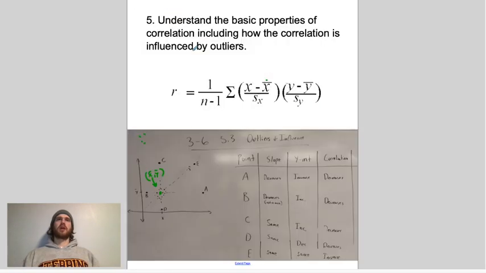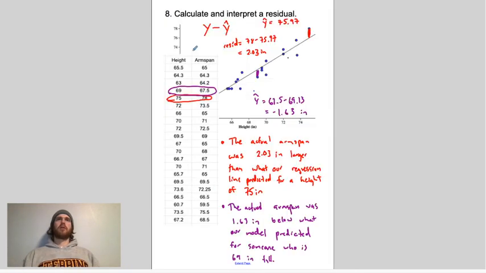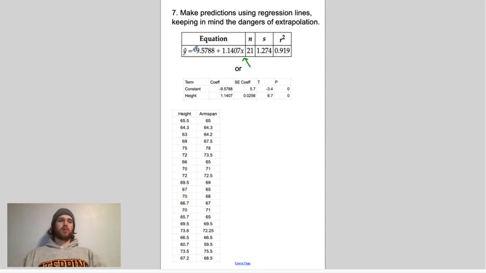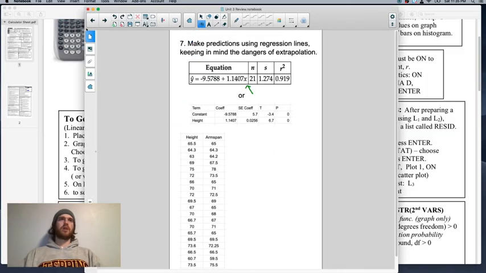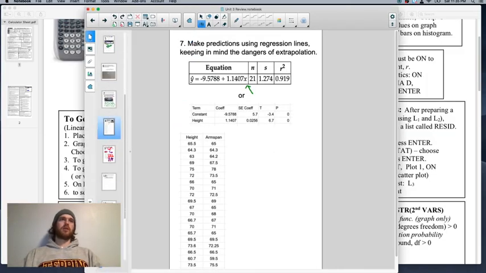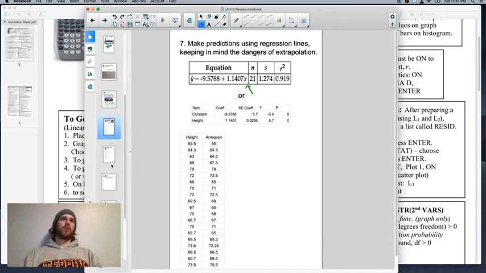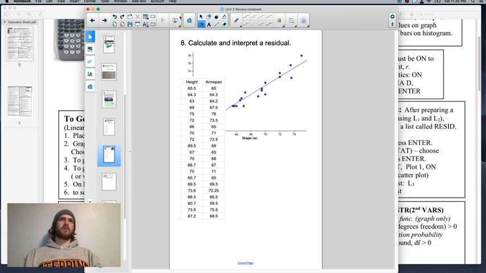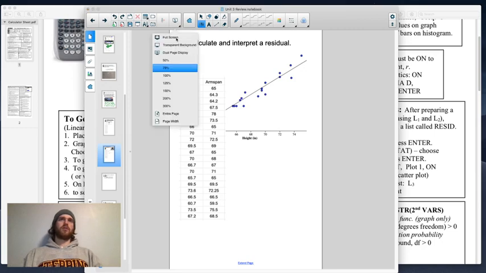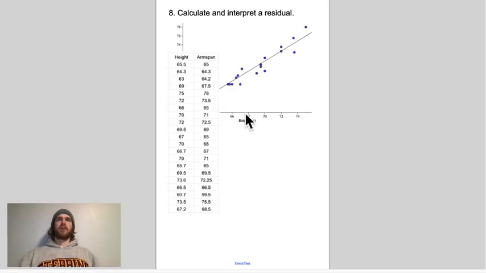We talked about a scatter plot. What the regression line does for us, the regression line is called the least squares regression line.